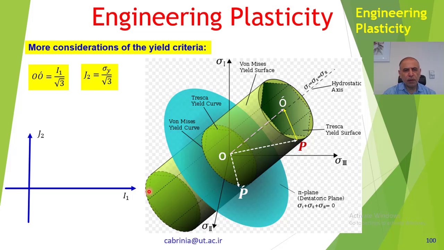Now let us do a different thing. Let us plot J2 against I1. As we know, J2 is constant and I1 is sigma 1 plus sigma 2 plus sigma 3. Because J2 is a constant, it does not change with the stresses.